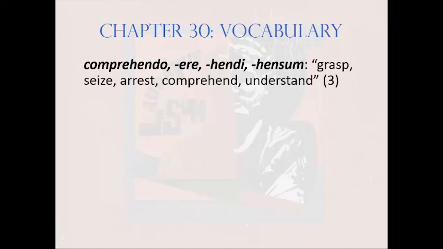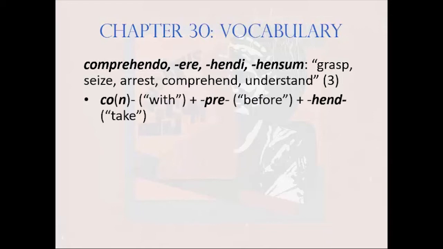And here's another thinking verb, comprehendo, comprehendere, comprehendi, comprehensum, meaning grasp, seize, arrest, comprehend, or understand. It's third conjugation. Note the two prefixes, con in the form com here, meaning with or completely, plus pre, meaning before or exactly, both attached to the verb base hend, meaning take hold of.